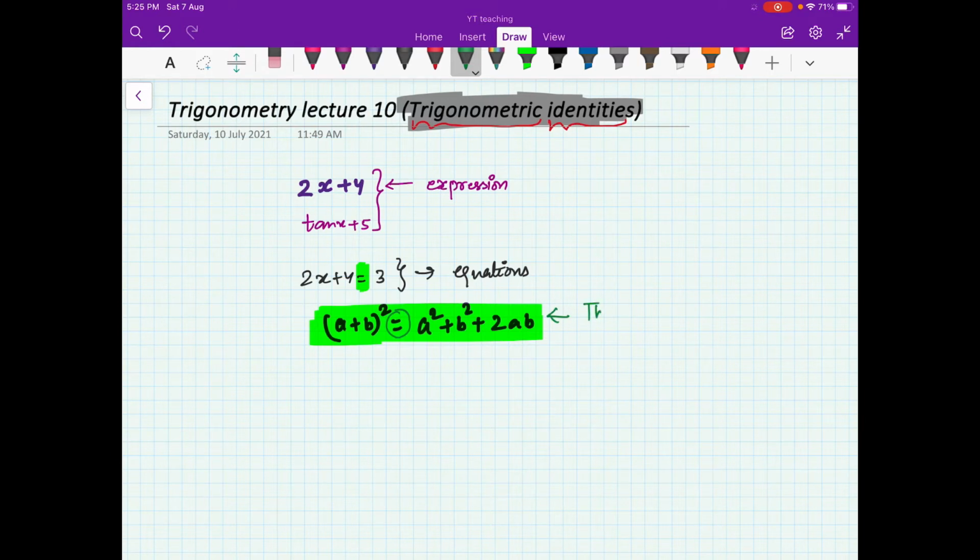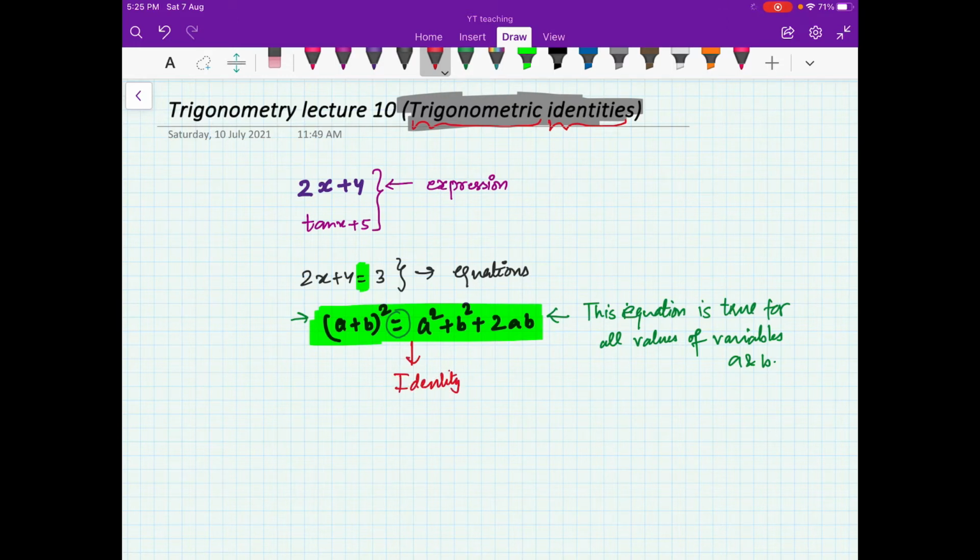This equation is true for all values of variables a and b, right? Irrespective of the values of a and b, this is true. So when an equation is true for all the values of the variable, we call such an equation an identity. So what is an identity? An identity is an equation which is true for all the values of the variables involved.